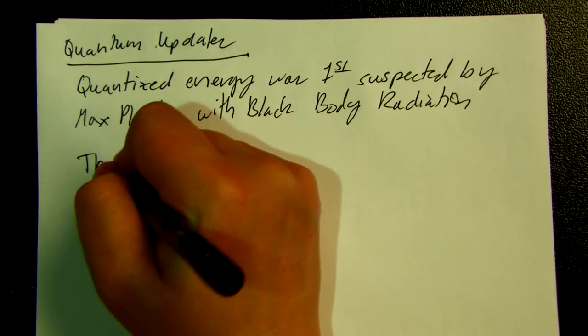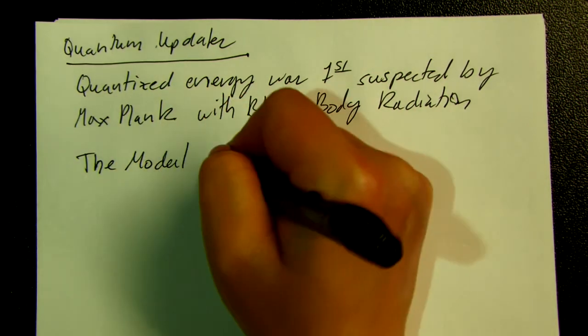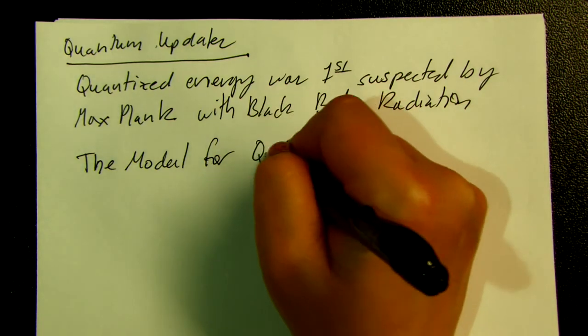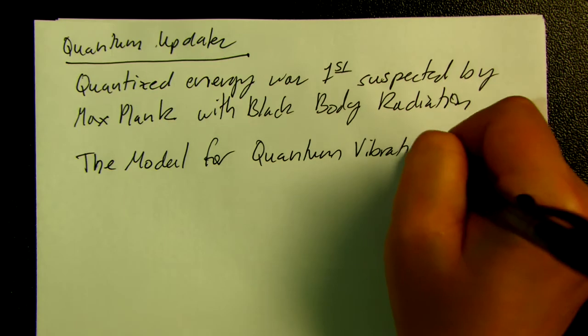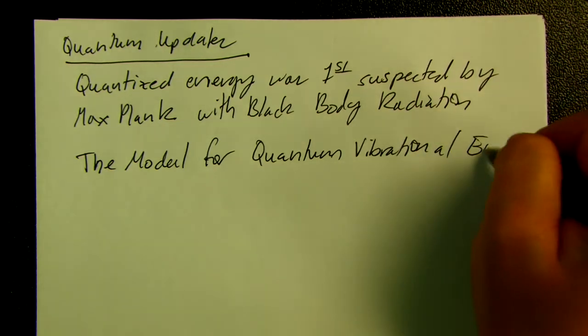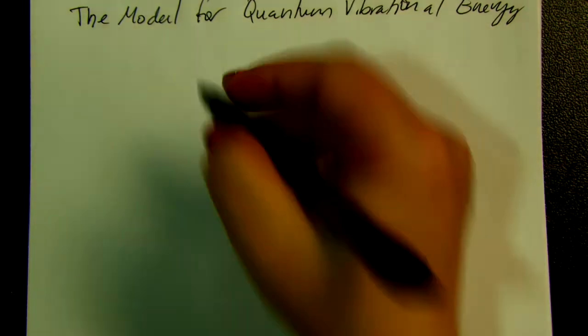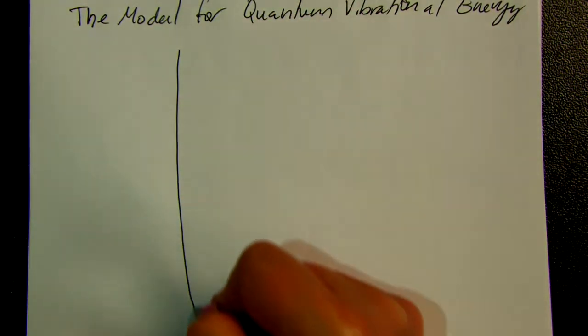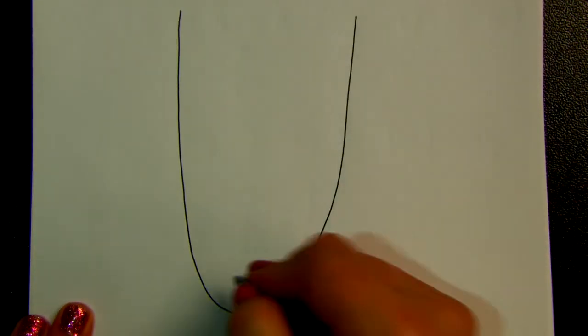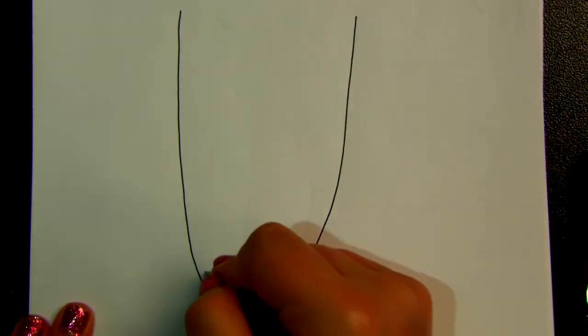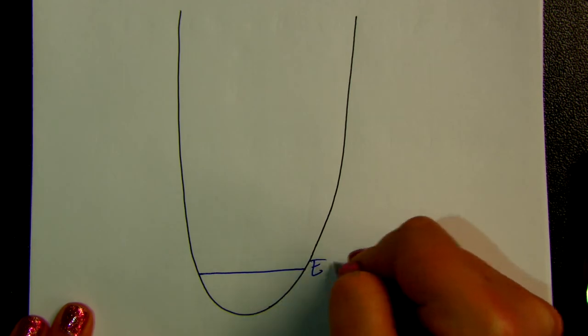So quantum, lots of space. I can draw something really big. Get it all there. Okay, so you would have your ground state, E naught.